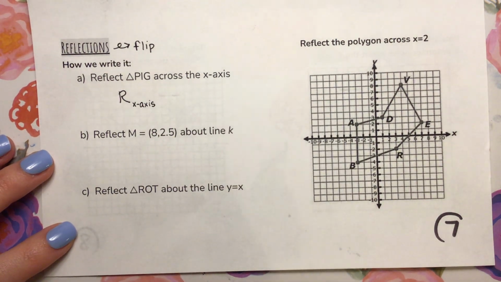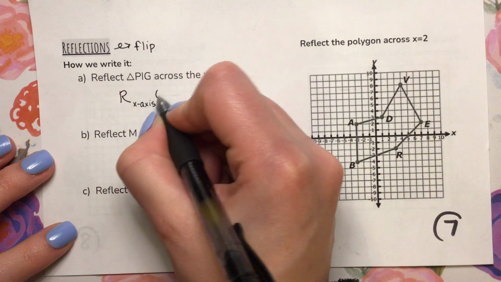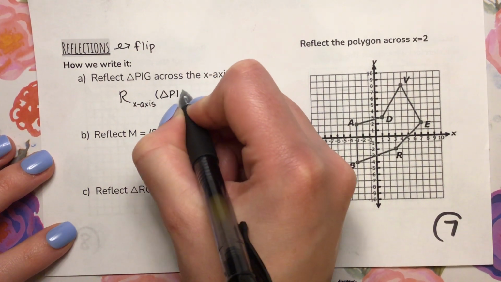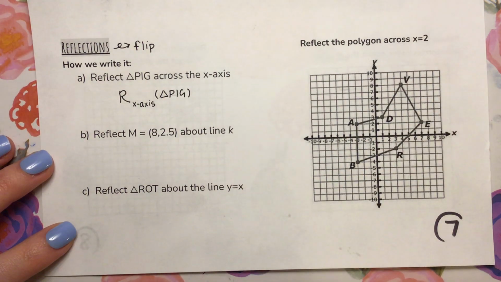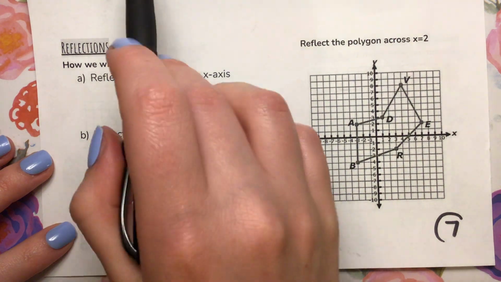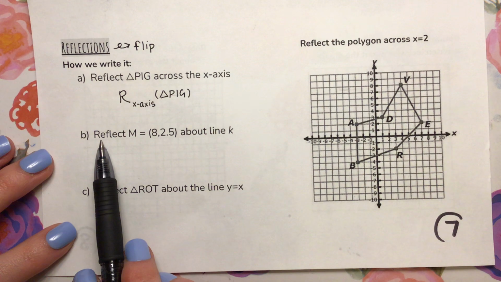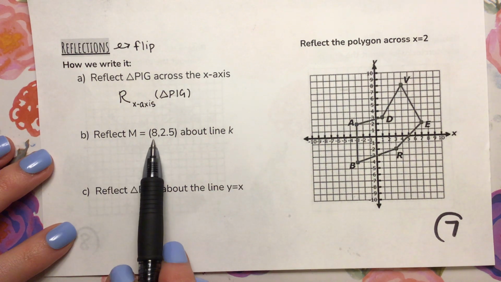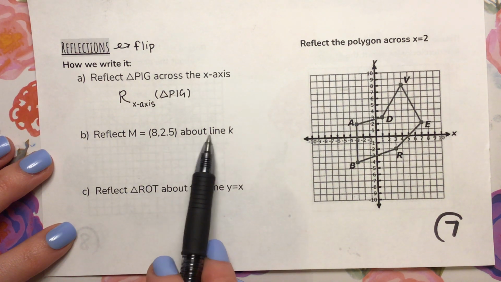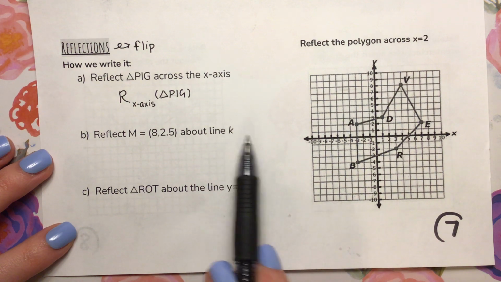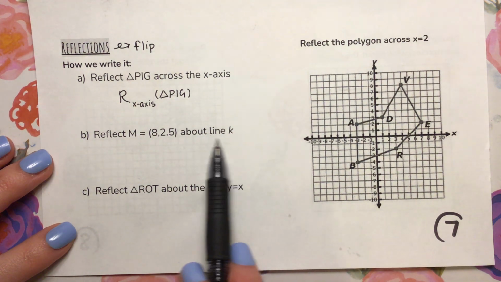Okay, what am I reflecting? I'm reflecting triangle PIG. So same concept as above, it's just now we have an R and we're indicating what we're reflecting across rather than how far over or down or whatever we're moving it. Okay, this one says reflect point M, which is at 8, 2.5, about line K. Okay, don't be concerned about where line K is.